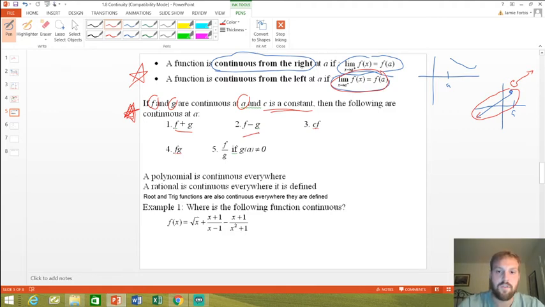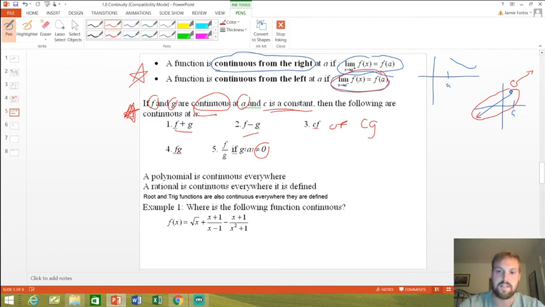Taking c times f or c times g, just multiplying by a constant, it's still going to be continuous. Multiplying the two functions together makes it continuous still. And even if I divide the functions where g of a is not equal to 0, it's still going to be continuous. So doing all these different operations with the functions is not going to change the continuity, especially if they're already continuous at each function.